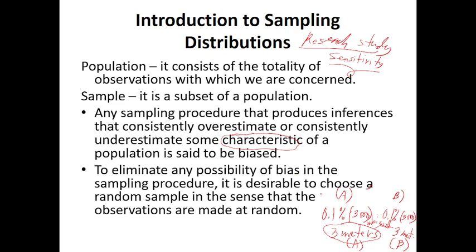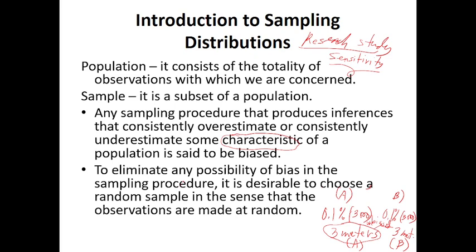Pipili ka ng mga metro sa meter type A at dapat, whether you like the meter or not, kung napili mo yon, kung nabunot mo yon, kung lottery method man yan, yun dapat. To eliminate any possibility of bias in the sampling procedure, it is desirable to choose a random sample.